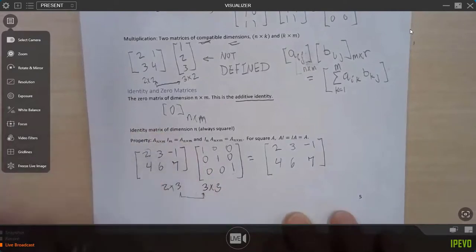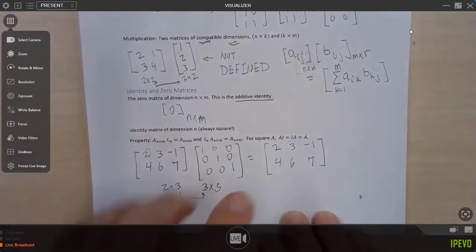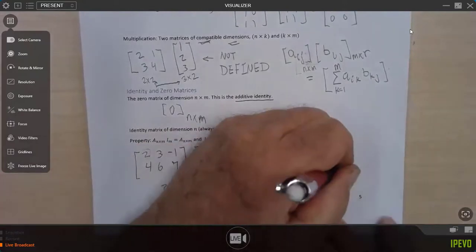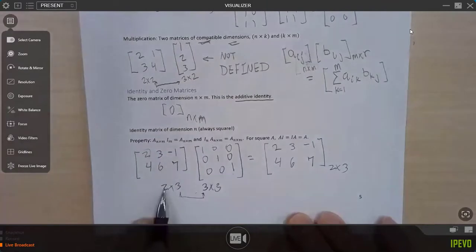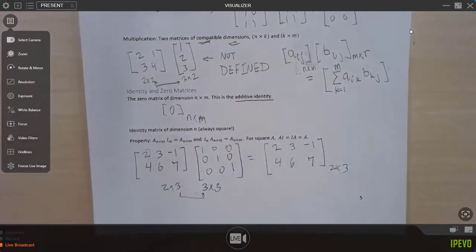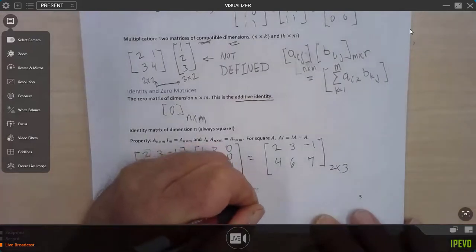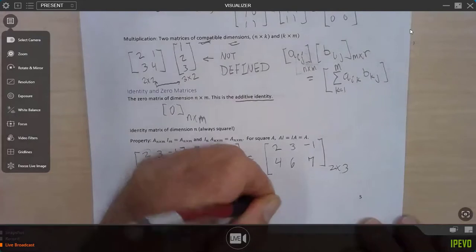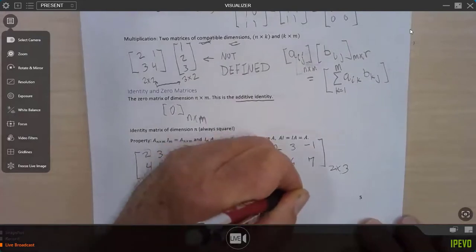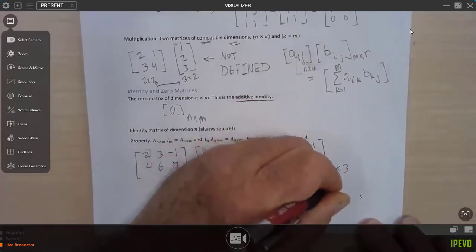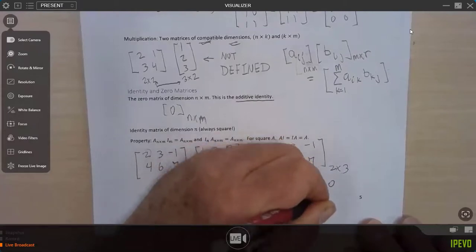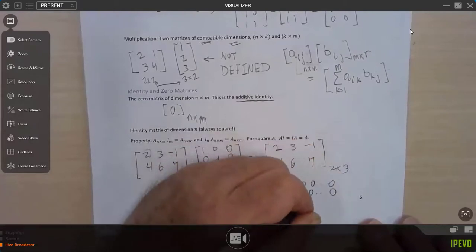The multiplication is defined, and I got a 2 by 3 matrix as advertised earlier. And it always turns out that way. The n-dimensional identity is this. It has ones on the diagonal and zeros everywhere else.